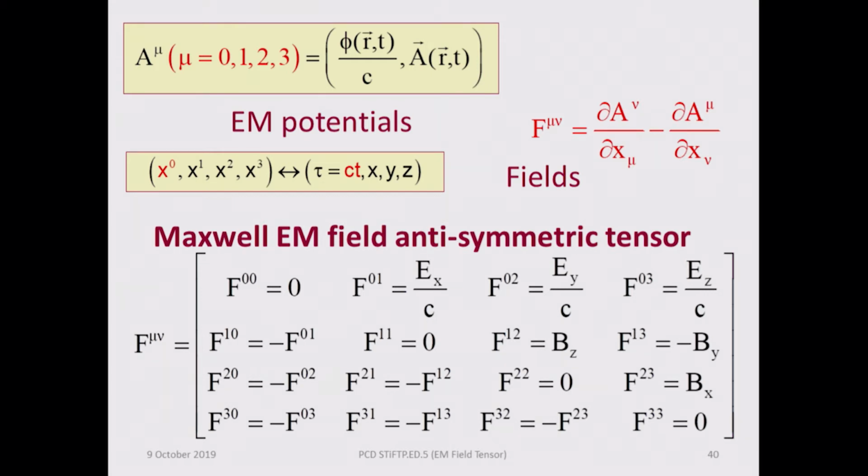So, what is A nu for nu equal to 0? It is phi over c. Do you see that? It is right here on the screen. Okay. The component for mu equal to 0 is phi over c.